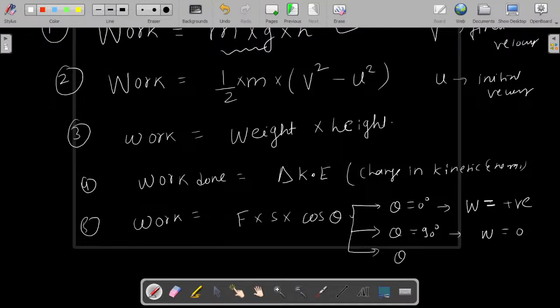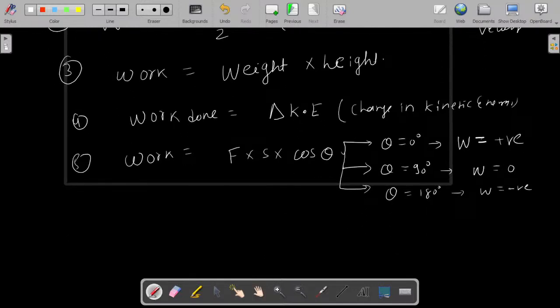If theta is 180 degree, work is negative. So what is theta here? Note down. Theta is the angle between force and displacement.